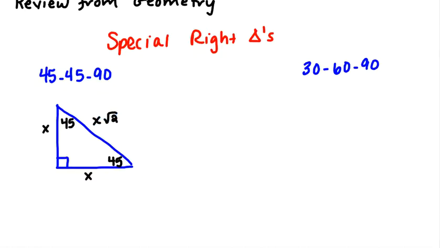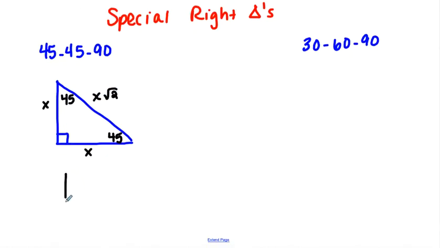Now I'm going to work with that triangle and draw a 45-45-90 triangle, and I'm going to try to find all the side lengths if the hypotenuse is the number 1. If you multiply x by root 2 to get to the hypotenuse, to work your way back you have to divide by root 2.